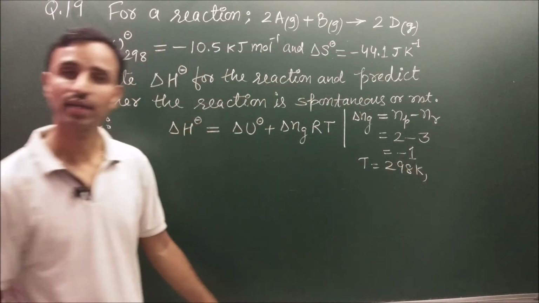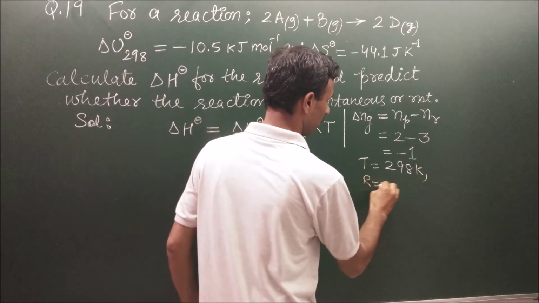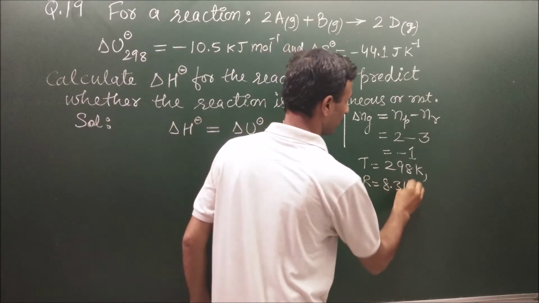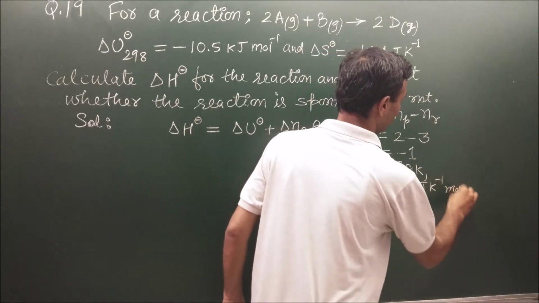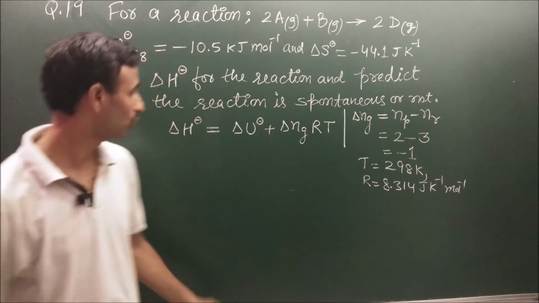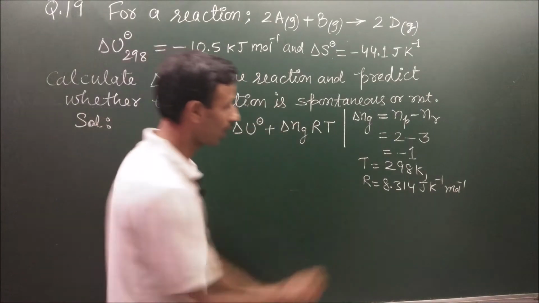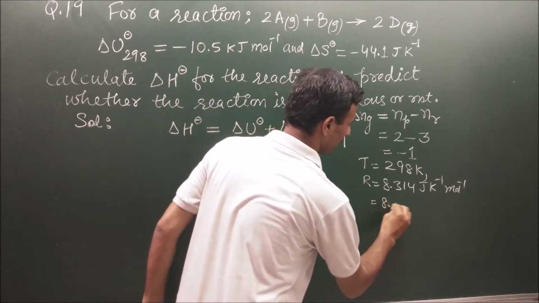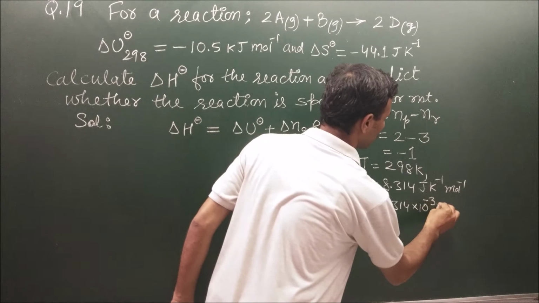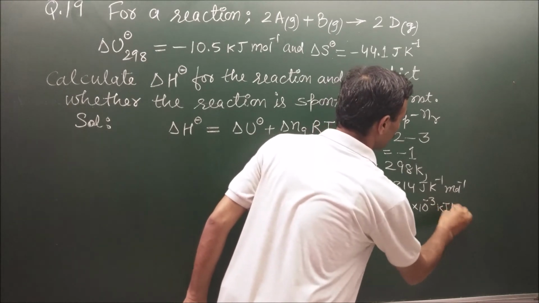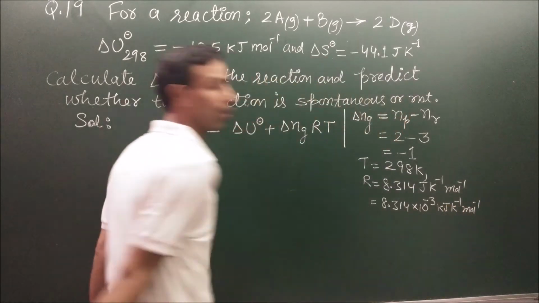And what about R? R is 8.314 joule per Kelvin per mole. But delta U naught is in kilojoule, so R should be in kilojoule. So 8.314 into 10 raised to power minus 3 kilojoule per Kelvin per mole.